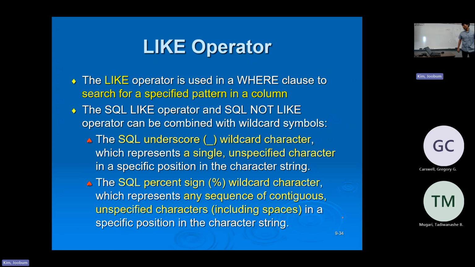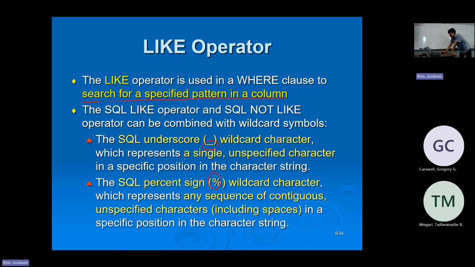And another operator is the LIKE operator. The LIKE operator is used to search for a specified pattern in a column. The LIKE operator or NOT LIKE operator can be combined with wildcard symbols, underscore or percentage.